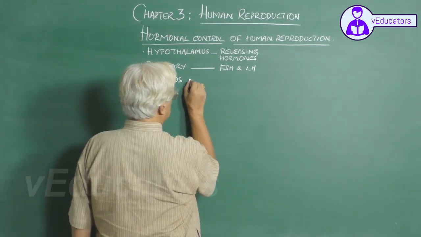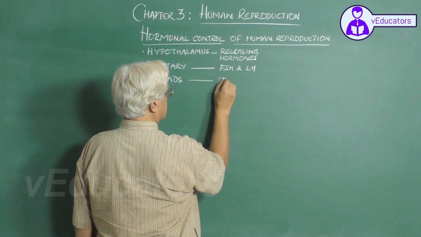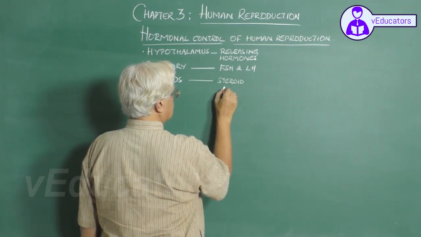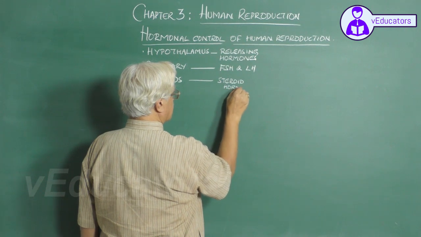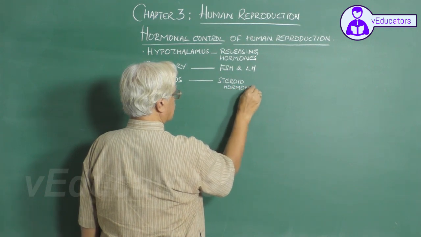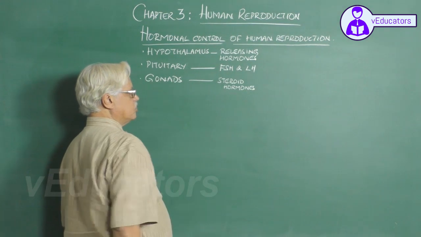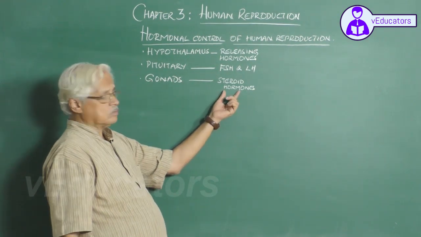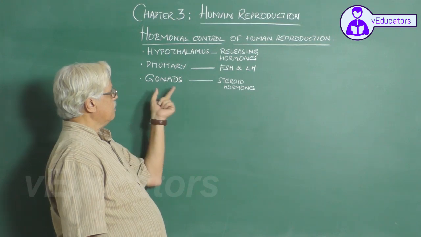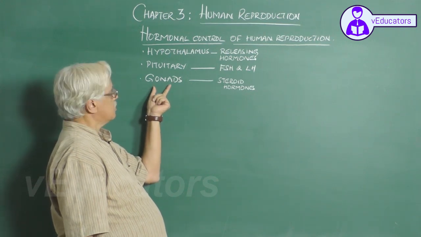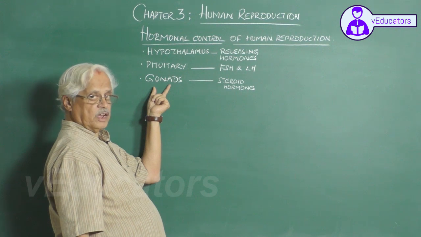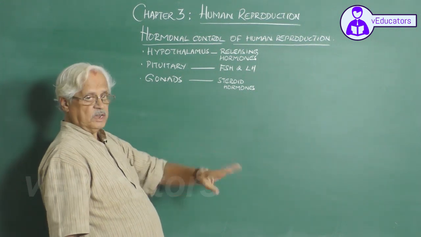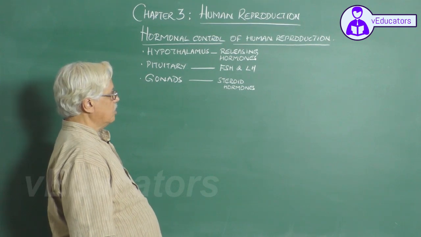The gonads themselves produce a set of steroid hormones. These steroid hormones influence not only the gonads but also the accessory reproductive structures as well as the gametes, the sperms and the ova.